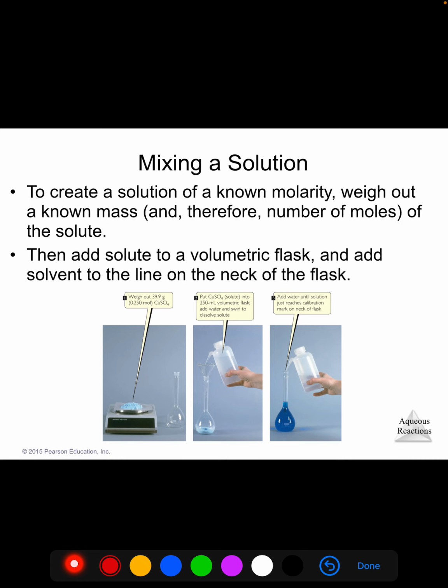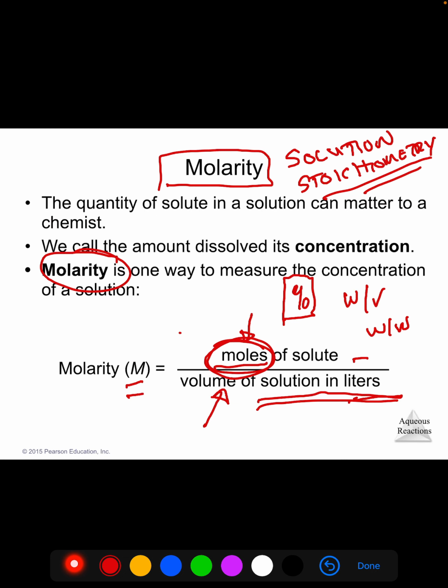So, if I wanted to make a known molarity of a solution, if I wanted to make a 1 molar solution, I would weigh out 1 mole of that material and put it into a 1 liter flask. We're using volumetric flasks here to make a 1 molar solution. 1 mole per liter, right? 1 mole per 1 liter is a 1 molar solution.